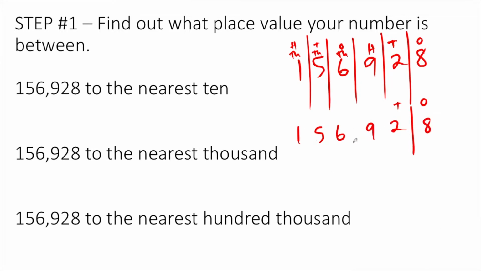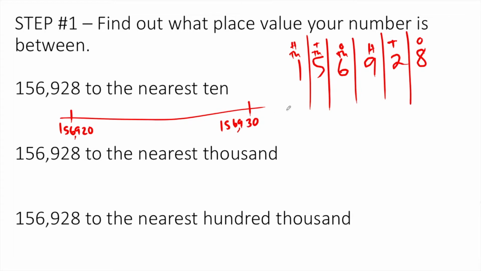This number has so many tens because it's so big. And all the lower numbers turn to zeros to find my low benchmark, and then the next one up, my high benchmark. So this number would be between 156,920, 156,930.